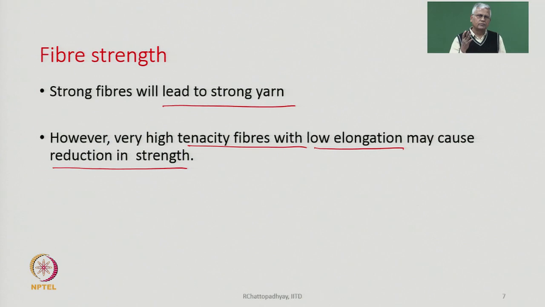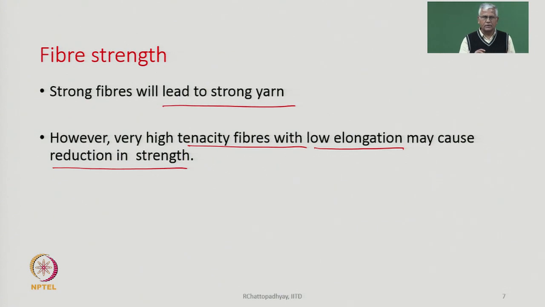Generally, fibers used for apparels, polyester fibers or viscose fibers, cannot have very high tenacity, but high tenacity polyester fibers are available and their modulus is high and their elongation is also less.